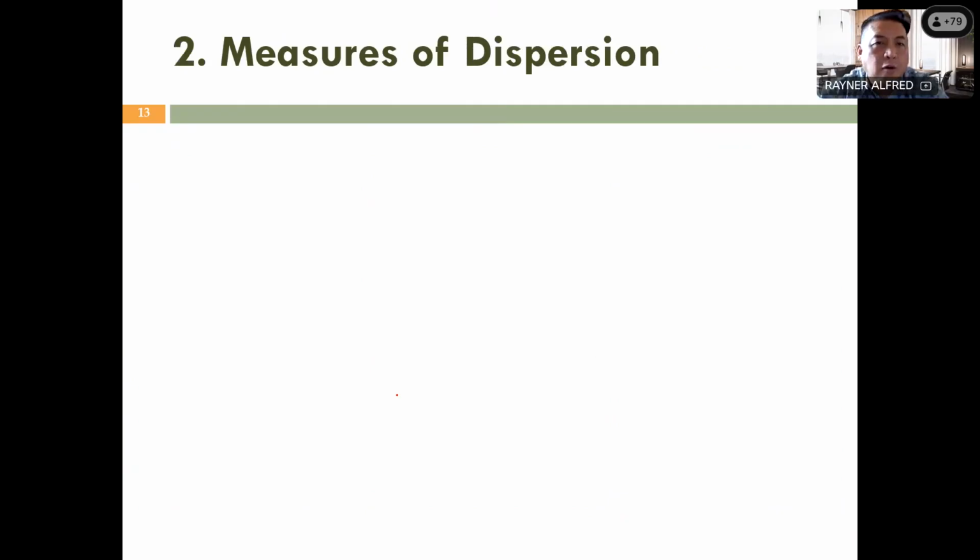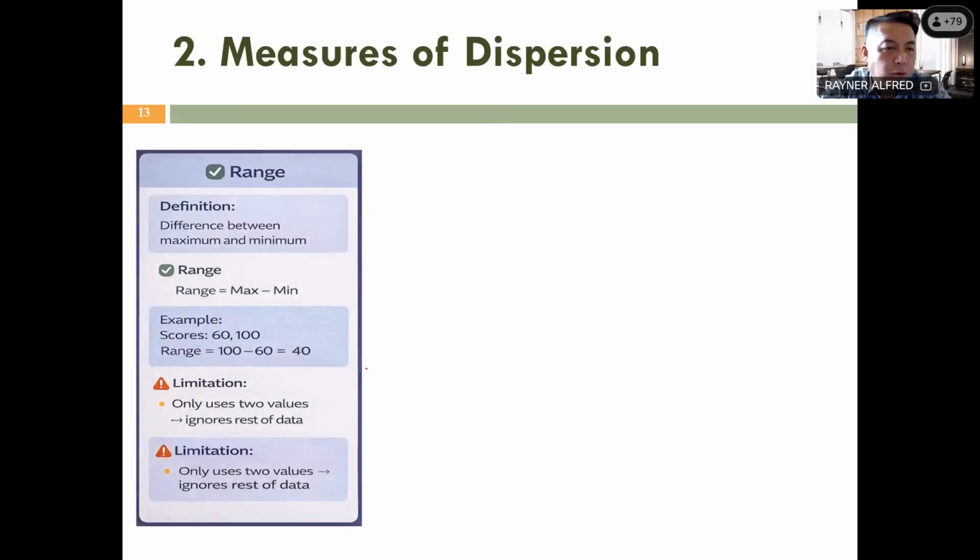Okay. So to measure how far your data are spread from the center, we call it the measure of dispersion. So we can use the range. The range is basically finding the max value and min value, and you find the difference. So in this case, this is 40.